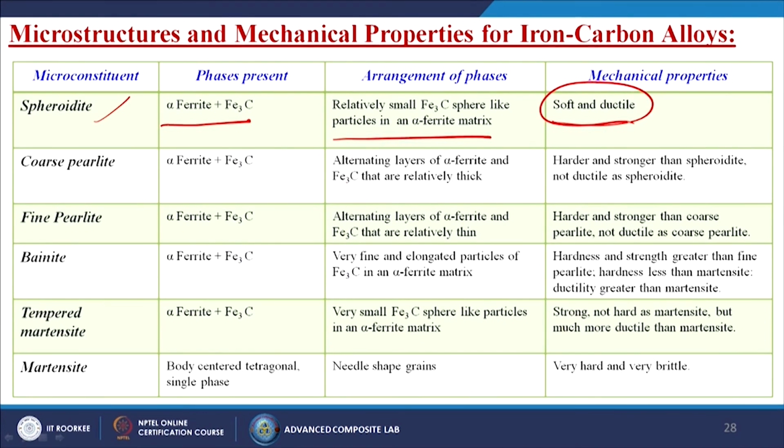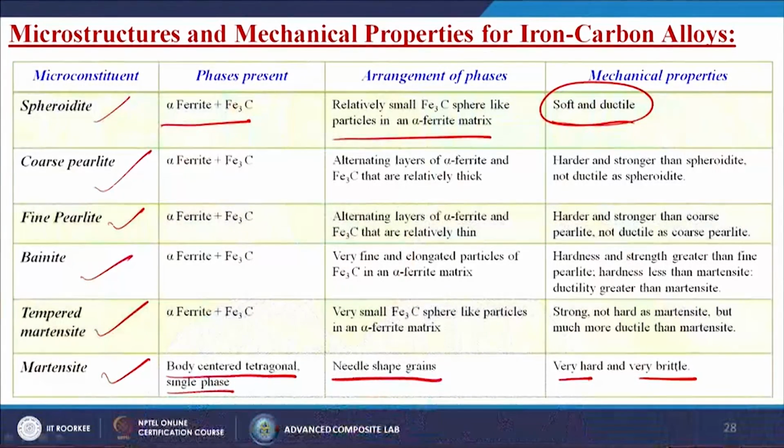In this way we have summarized spheroidite, coarse pearlite, fine pearlite, bainite, tempered martensite and martensite. Martensite is body-centered tetragonal, BCT, single phase, generally showing needle-shaped grains. It is very hard and very brittle, whether it is tempered martensite or normal martensite.